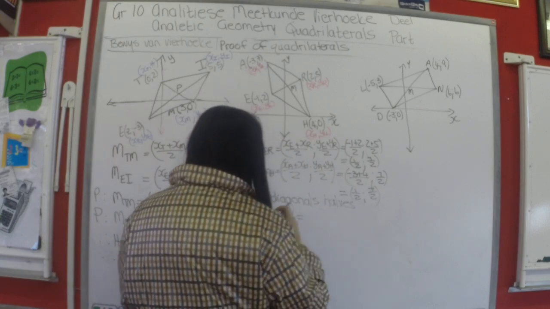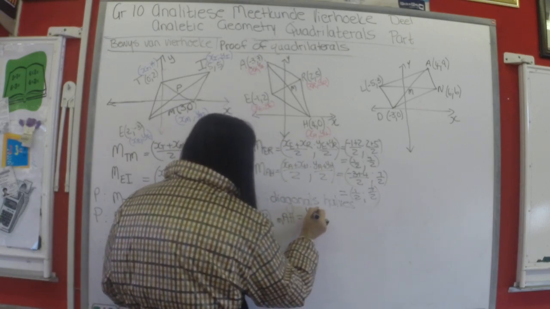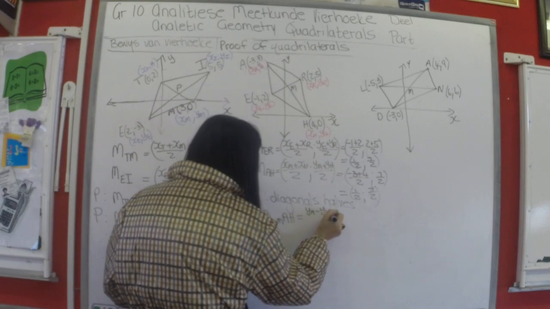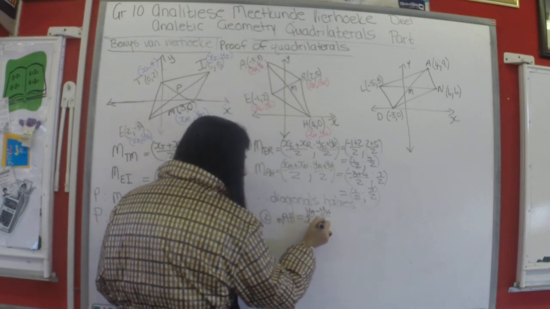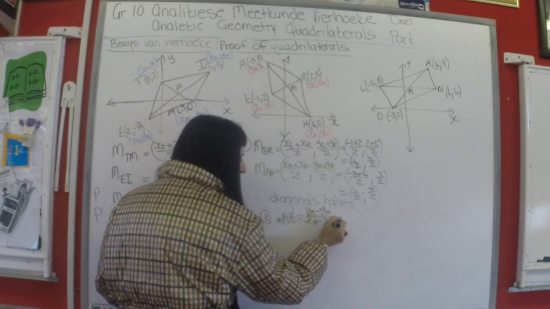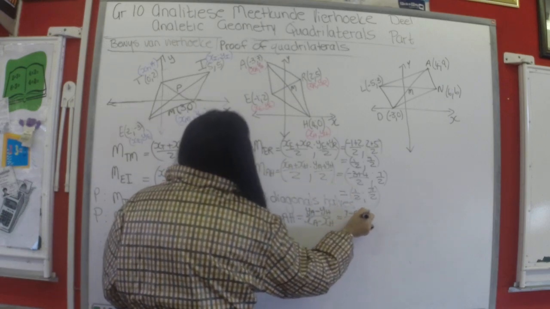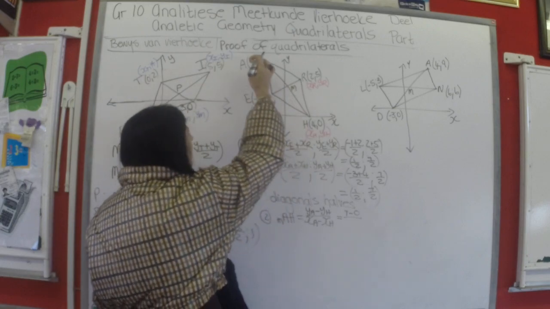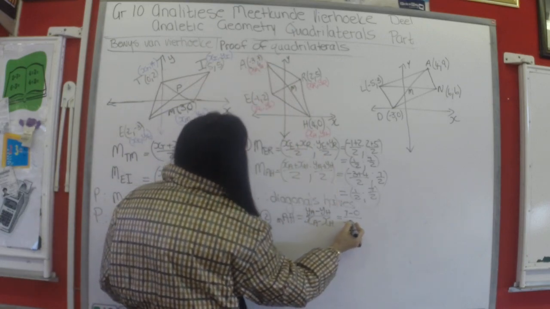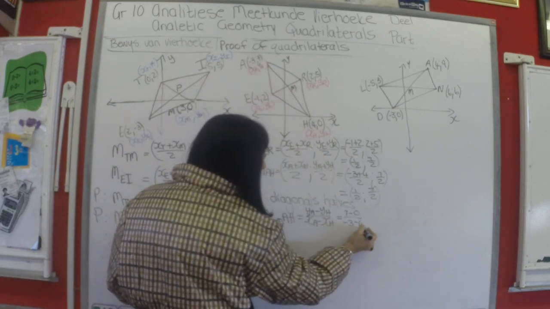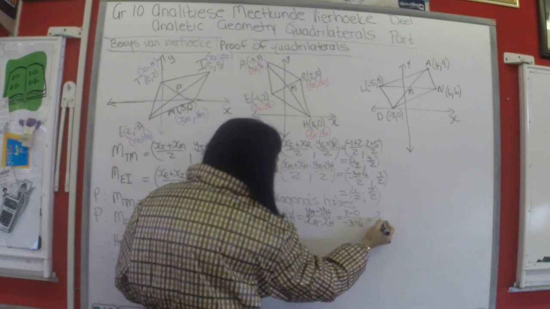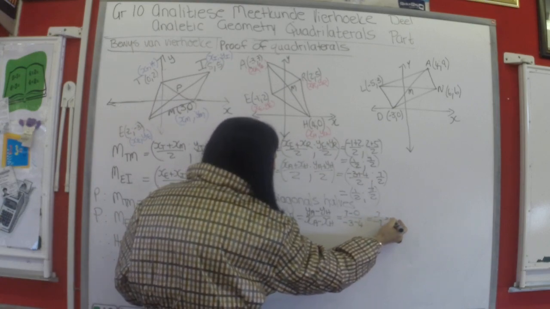So ek gaan hê die y van A minus die y van H op die x van A minus die x van H. En dit gee vir my 7 minus 0 op minus 3 minus 4. Dis gelyk aan 7 op minus 7 en dit is minus 1.